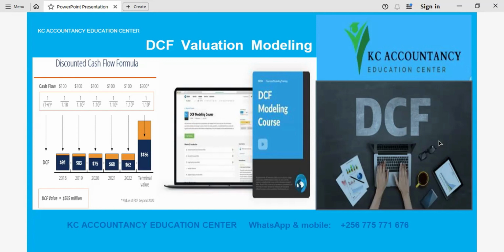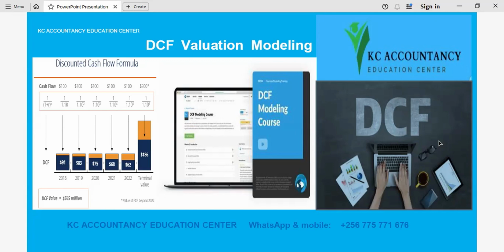So the thing that we need to look at here is the objectives for someone going through the whole DCF valuation course. The DCF valuation modeling course will allow you to get exposed to the following things as long as you complete it with all the tutorials that we are submitting.